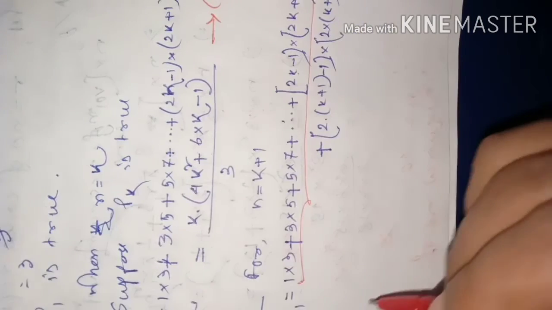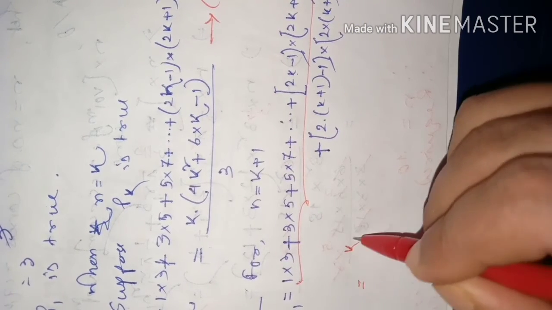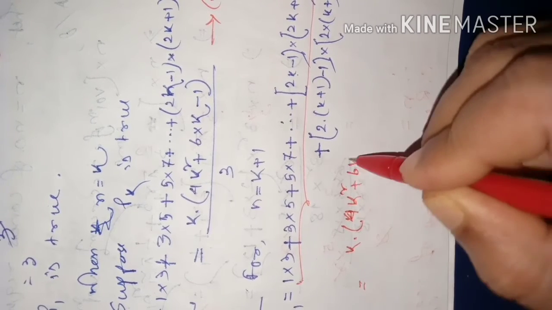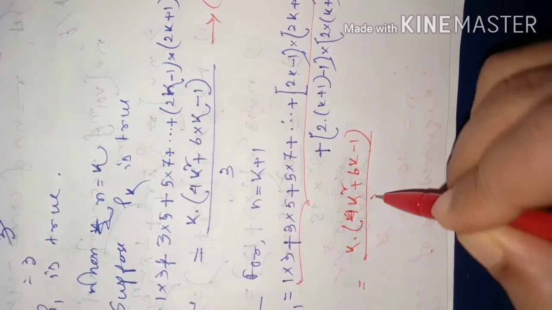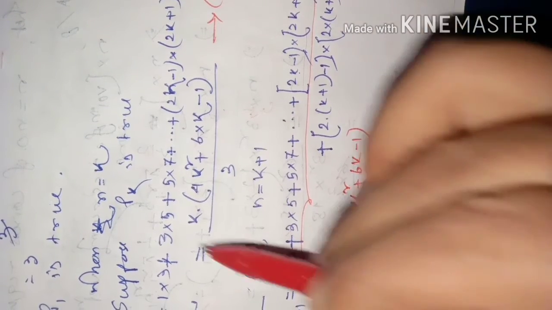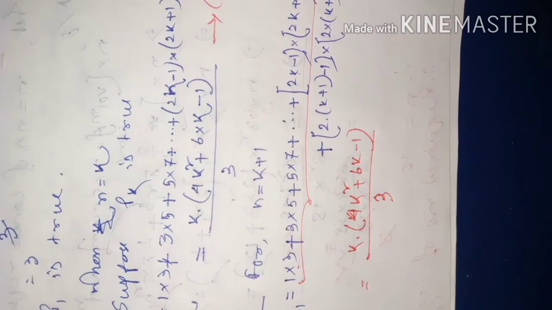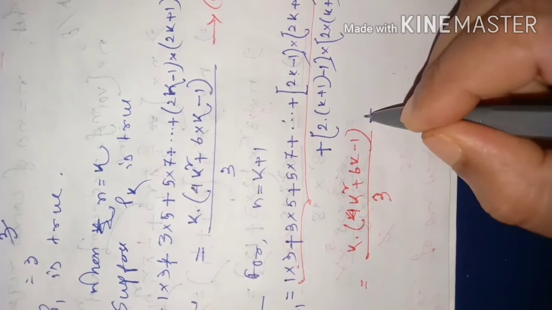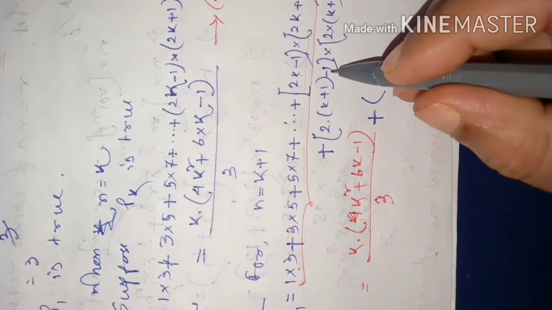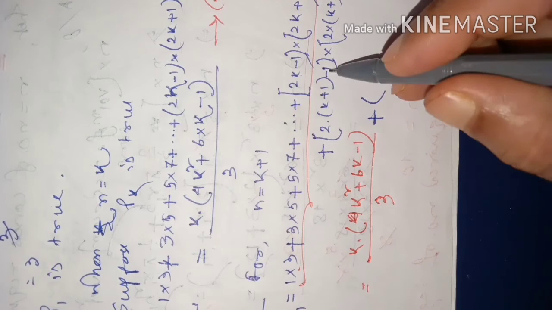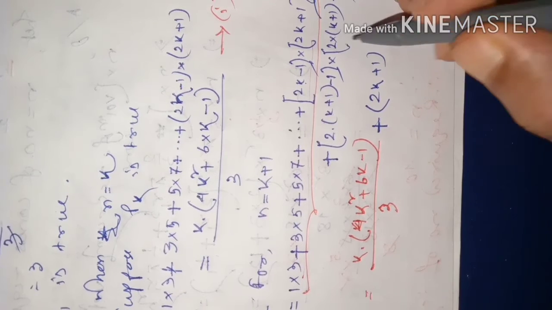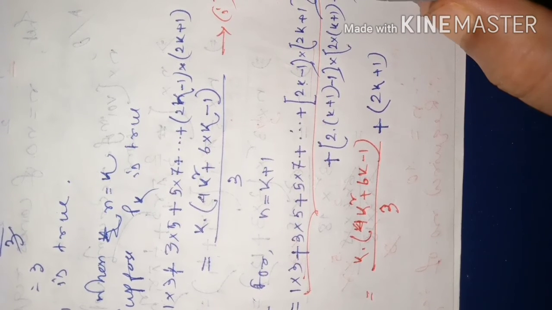So we have here k into (4k square plus 6k minus 1) by 3 for this whole expression, you take this one, plus 2 into (k plus 1) minus 1, that is 2k plus 1, and 2k plus 2 plus 1, that is 2k plus 3.